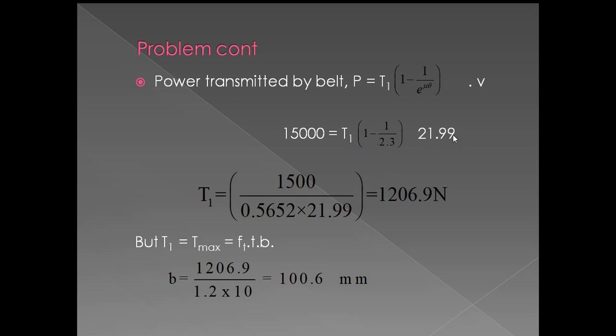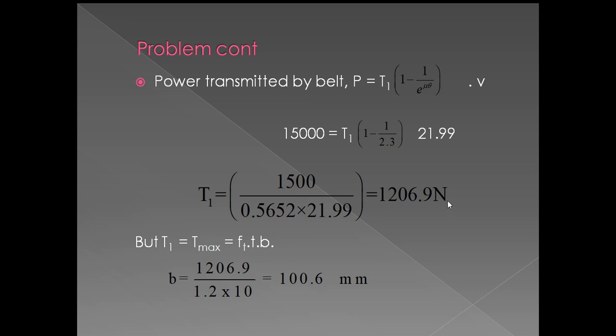So from this, T1 equal to 15,000 by 0.5652 into 21.99. Then we got T1 as 1206.9 newtons.